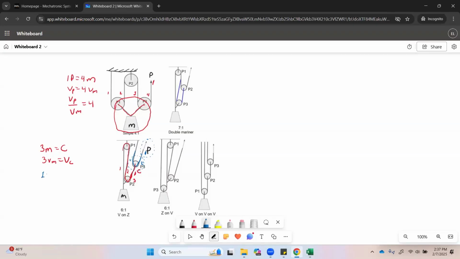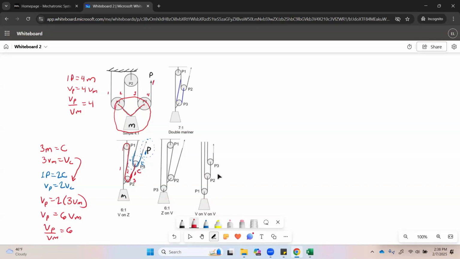So 1 P equals 2 C. VP equals 2 VC. And now we need to plug in this here. So now we get VP equals 2 times 3 VM. VP equals 6 VM. So then VP over VM equals 6. That's our mechanical advantage, 6 to 1.